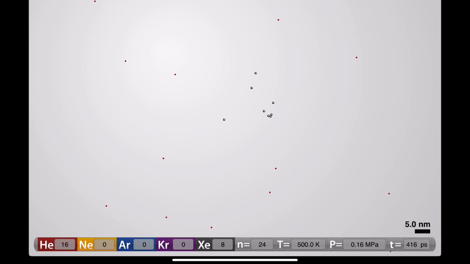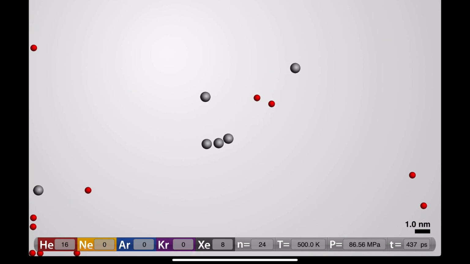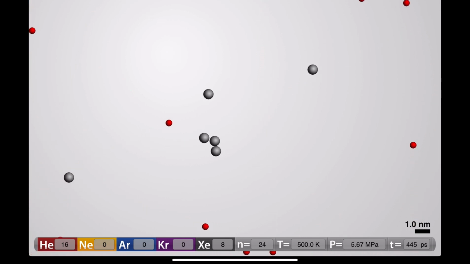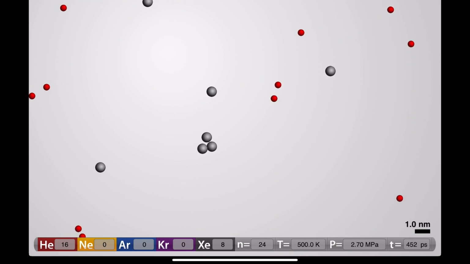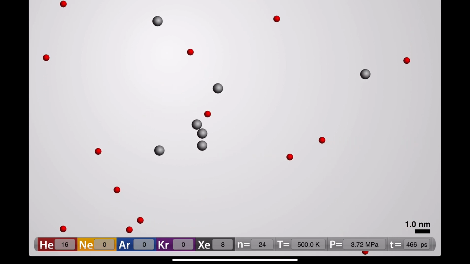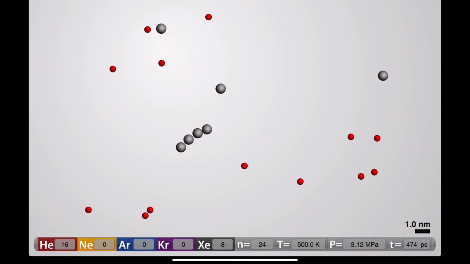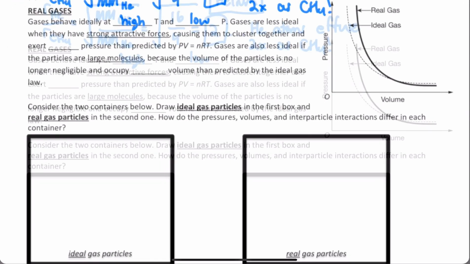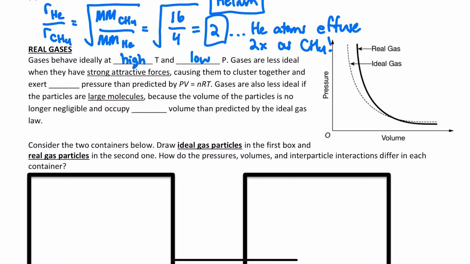We also shouldn't have any interactions of the particles, which this simulator does a good job of showing what really does happen. Particles do cluster together, like I can start to see the interparticle attractions that the gray spheres have, but that the red ones clearly don't have as much of. And that's what makes real gases different from ideal gases. Gases are less ideal when they have those strong attractive forces.